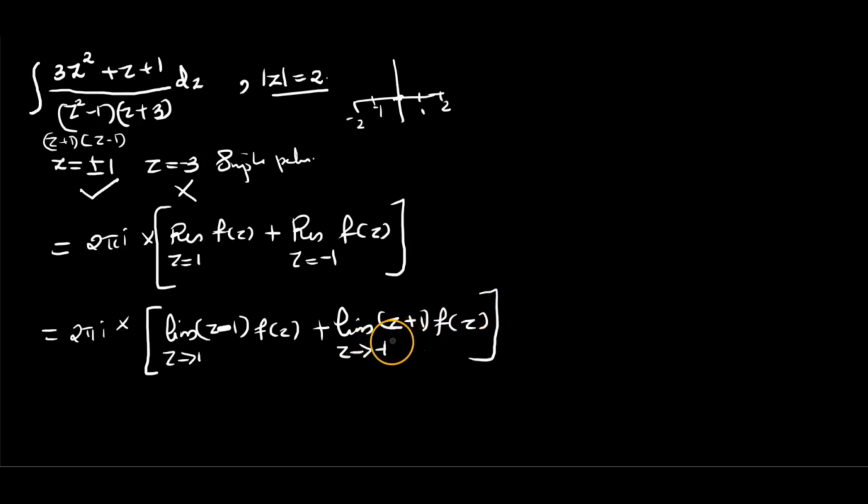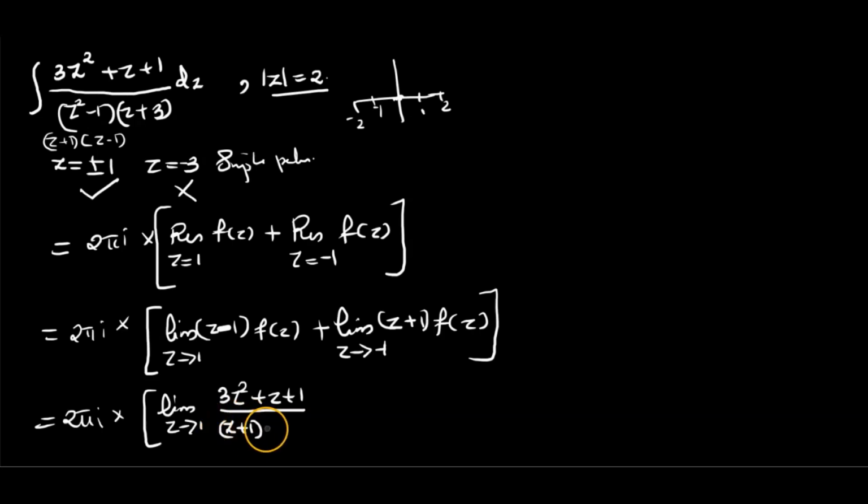This is 2 pi i into limit z tends to 1 of (3z square plus z plus 1) divided by (z plus 1) and (z plus 3), as z minus 1 cancels.